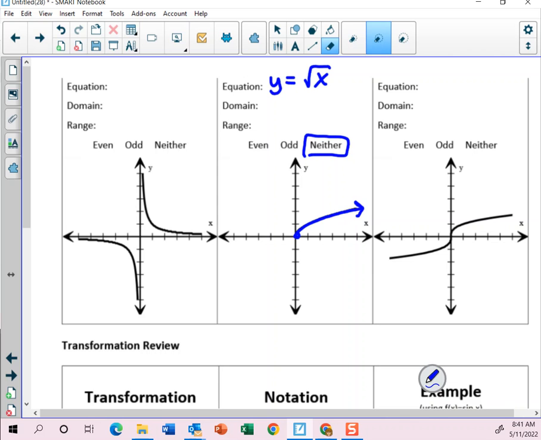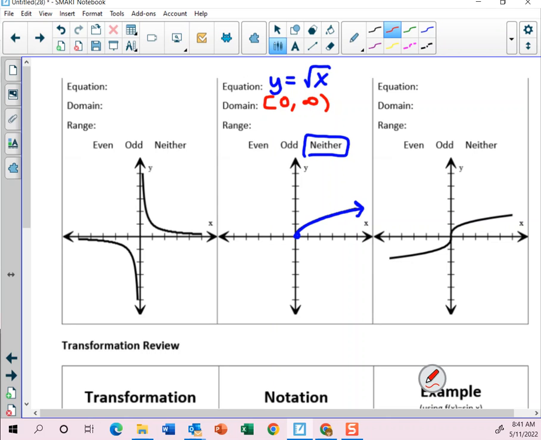Sometimes we do plus or minus square root of x, and that means we get this kind of piece down here, but that's not really a function once you start doing that. So if we want to talk about just the function form, we're talking about y equals positive root x, and we get something like this. Domain, just non-negatives for x.